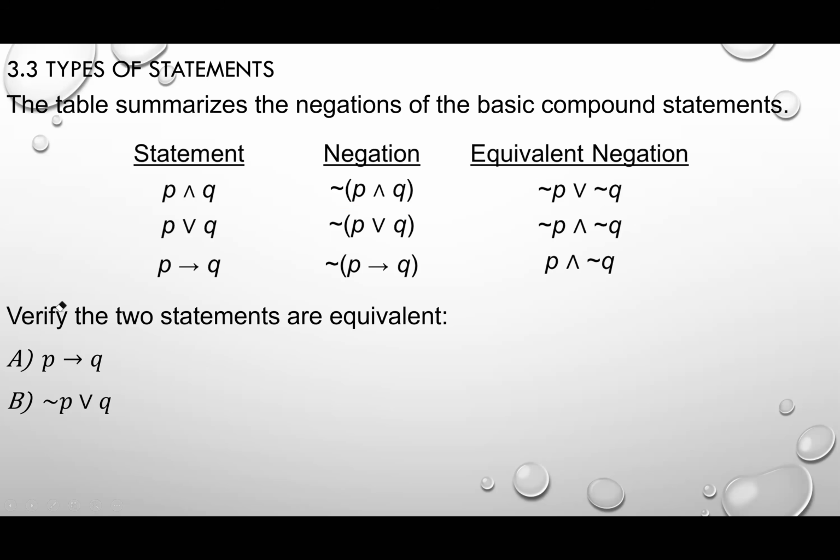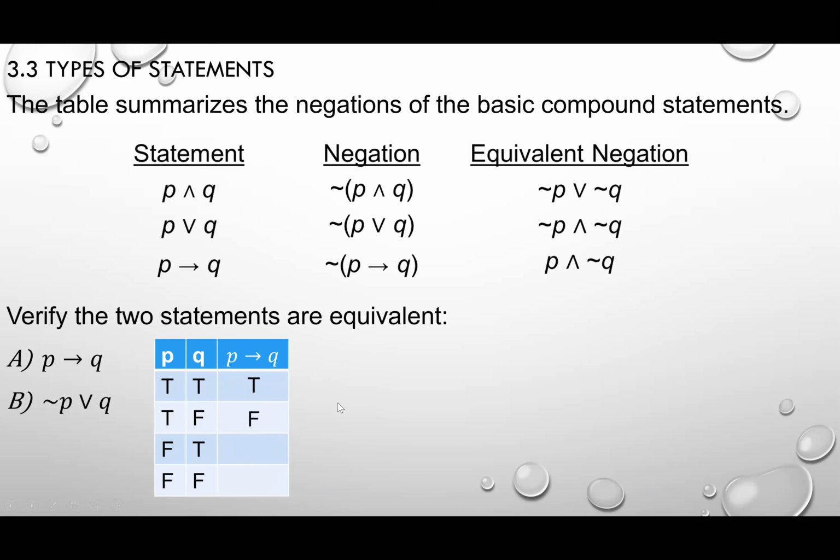So let's take a look at this problem before we move away from the truth table for a bit. They ask you to verify the two statements are equivalent. Remember, in order to be equivalent, the final product has to be exactly the same. And hopefully by now you know that for the if and then statement, the only time that is false is when the first thing is true and the second one is false.